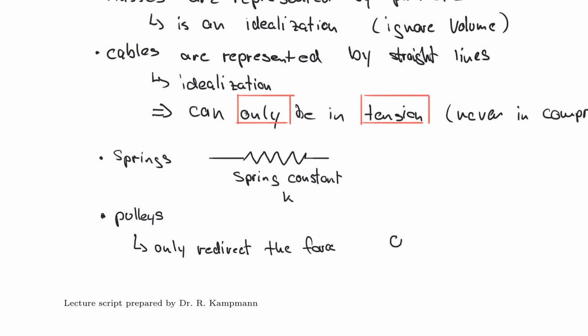So let's say you have a pulley here that is hanging on the ceiling, and you have a force in a cable that's going in this direction, and let's say you have a box hanging here. Then the box, of course, is attracted by gravity and it wants to pull down, and there's tension in this part of the cable here, and that is no different from the tension here. So those pulleys only redirect the force, they don't change the force. That is very important to understand for some problems that you solve.